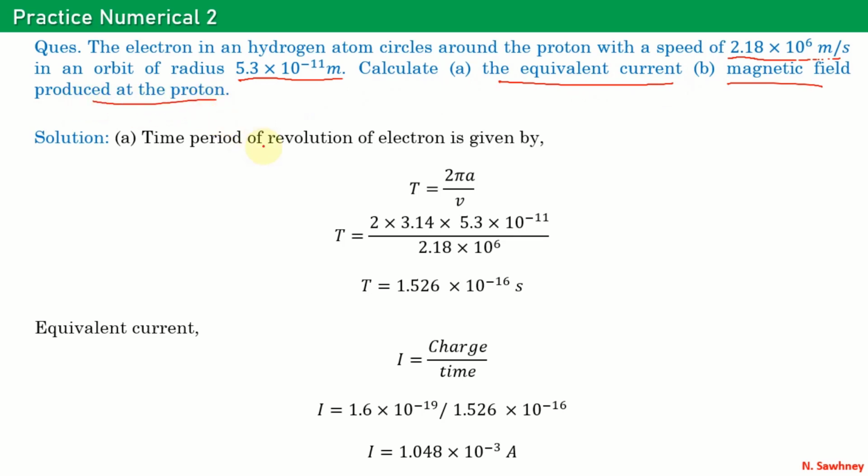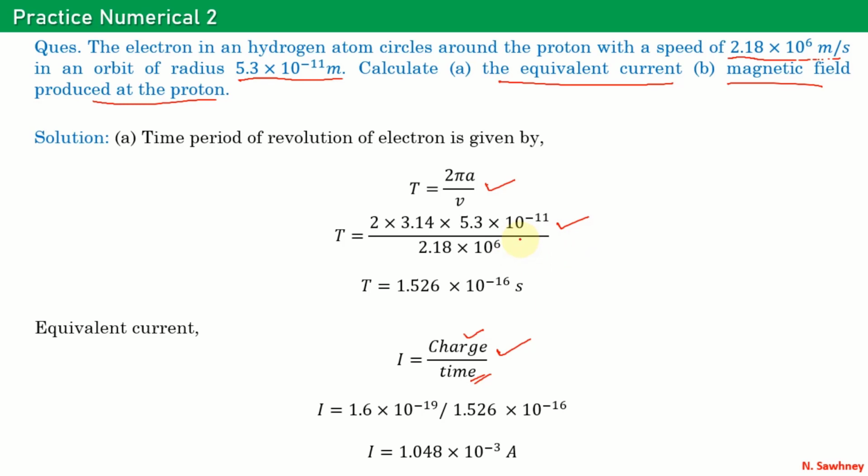For calculating the current, we are aware of the formula current is equal to charge upon time, but we are not aware of time. Charge is known to us as it is an electron. So to calculate time, we use the formula time is equal to distance traveled upon velocity, and here the distance is 2 pi into the radius.